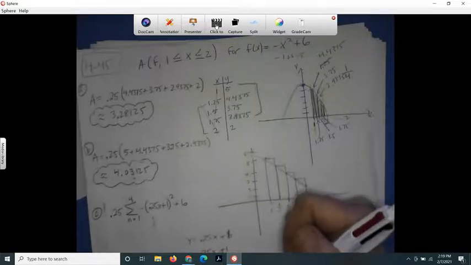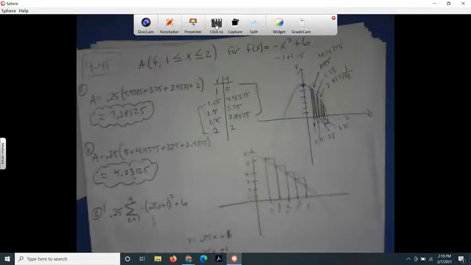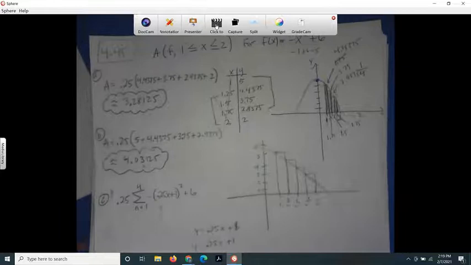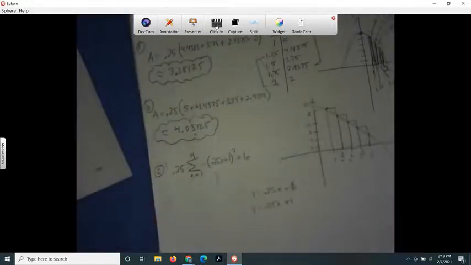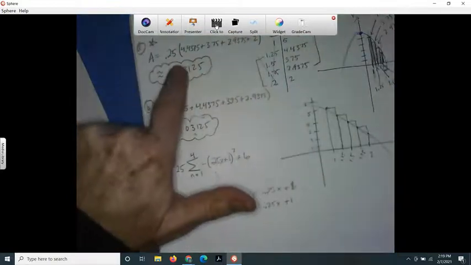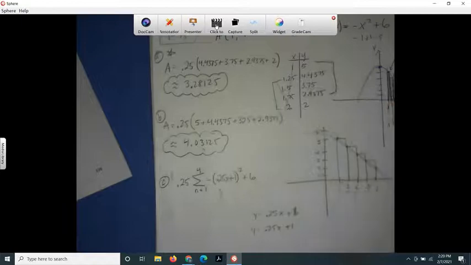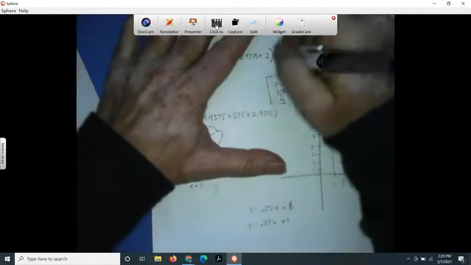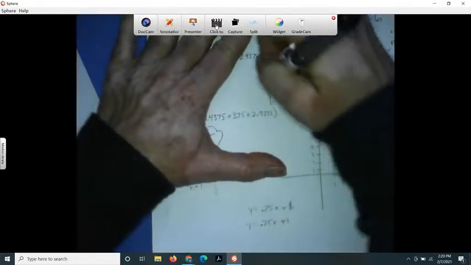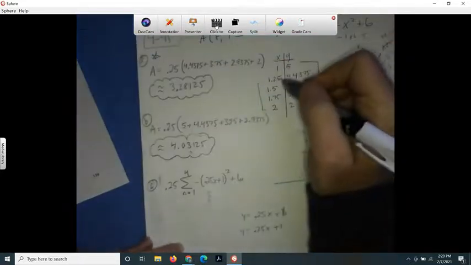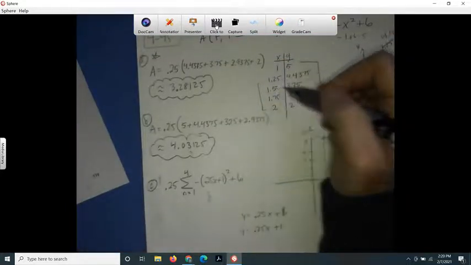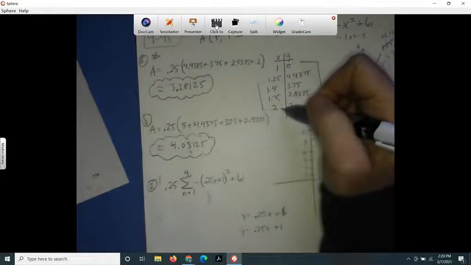And then the answer to letter C is probably the trickiest part. It says express the sum of the underestimate using sigma notation. So I have to use this underestimate with sigma notation. For the underestimate, my x values were these ones: 1.25, 1.5, 1.75, and 2.